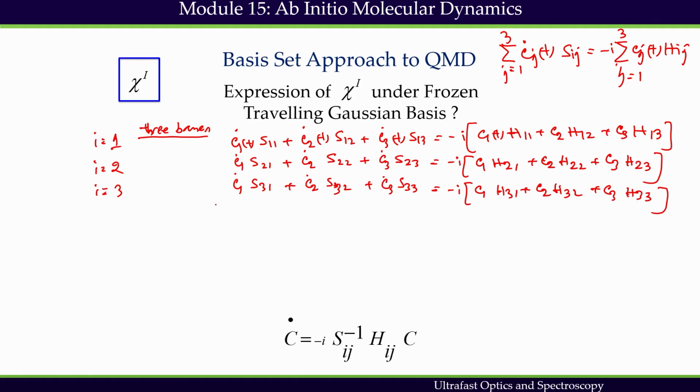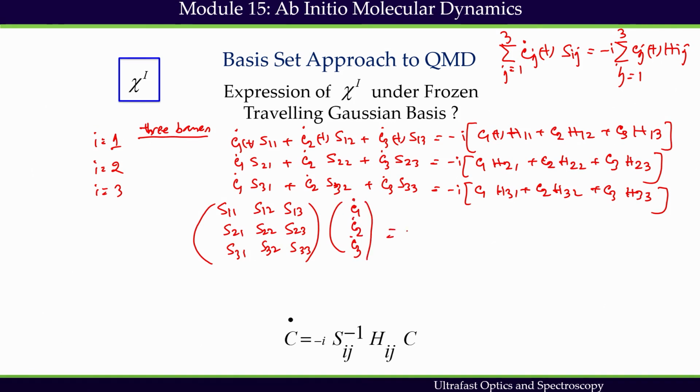So these three equations can be expressed in matrix form. And how do I express it in matrix form? The matrix S11 S12 S13, S21 S22 S23, S31 S32 S33 is multiplied by c1 dot, c2 dot, and c3 dot, equals minus i times the matrix H11 H12 H13, H21 H22 H23, H31 H32 H33, multiplied by c1 c2 c3.